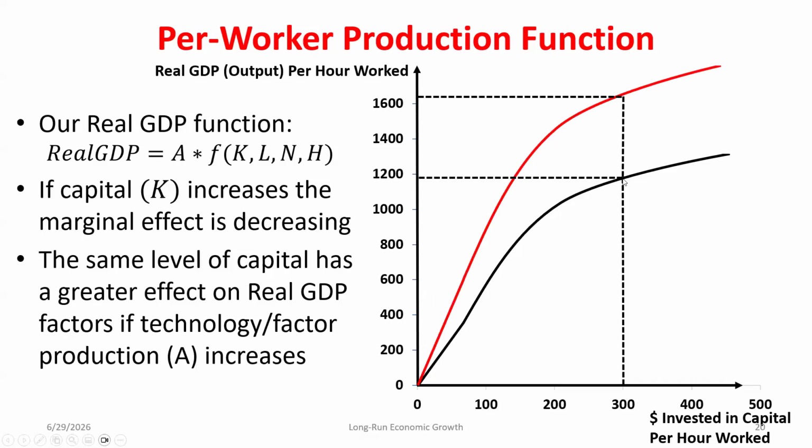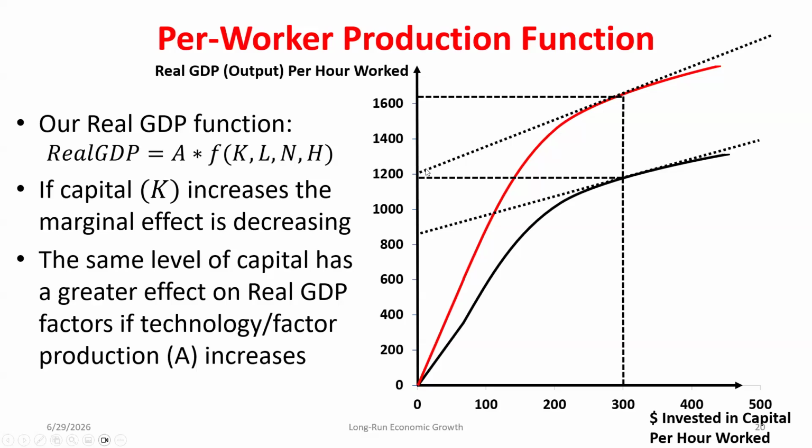Now notice, at the same amount of capital investment, before that technology change, this was like our marginal output from that investment in the capital. When we have this higher level of total factor productivity, the same amount of capital should add more to output, or the marginal output should be higher, or the slope is going to be a little bit steeper.